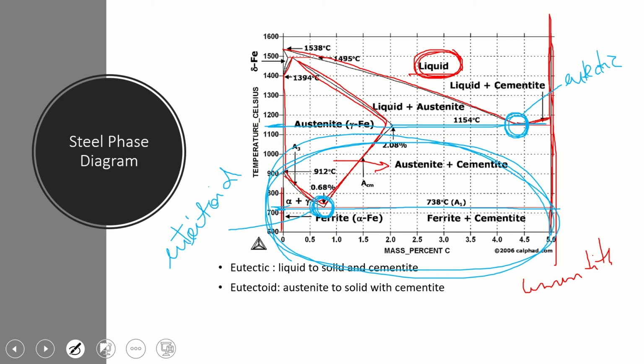Just as the eutectic point divided the binary system diagram into hypoeutectic and hypereutectic, the eutectoid point also divides the diagram into hypoeutectoid and hypereutectoid.